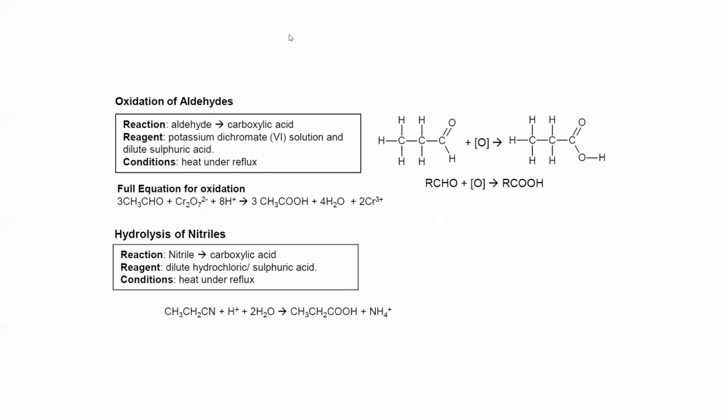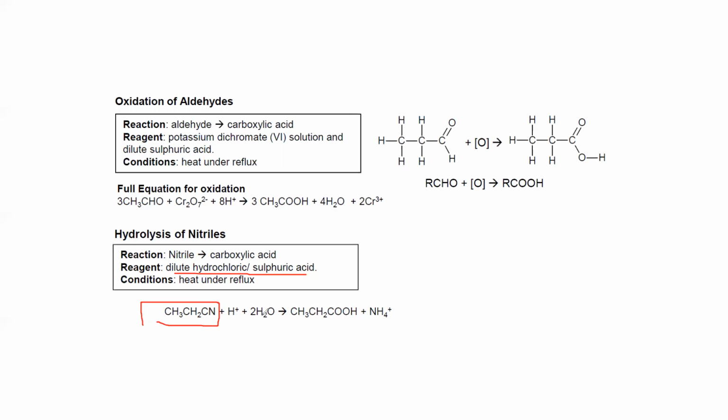Then oxidation of aldehyde: if we have an aldehyde, it can also be oxidized to carboxylic acid. Or hydrolysis of the nitrile groups. Hydrolysis means breakdown of a molecule with the help of water. So if we have a nitrile group, you can see propanenitrile, and we are using dilute hydrochloric acid or sulfuric acid.